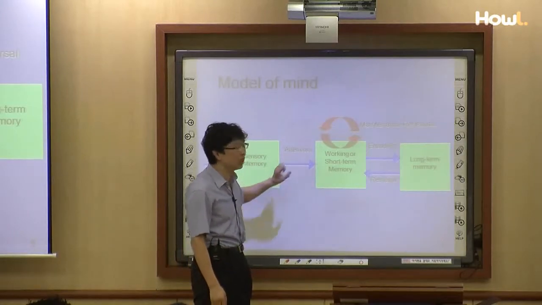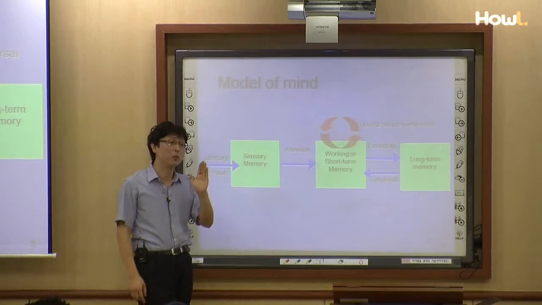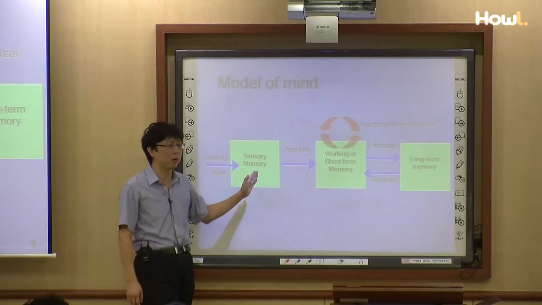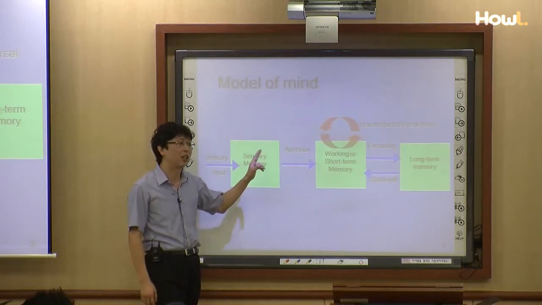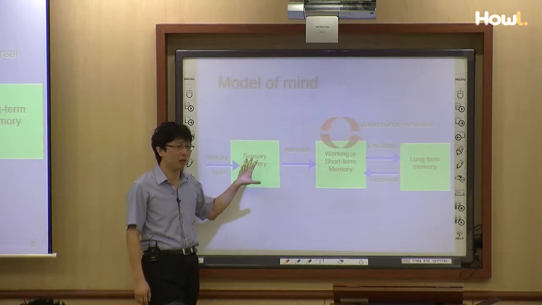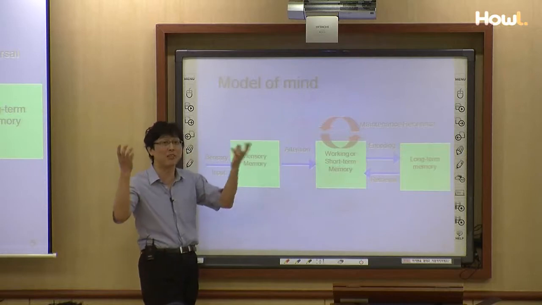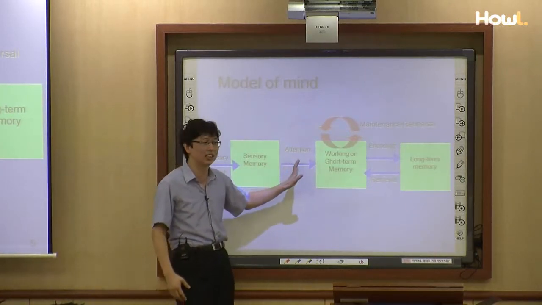Only if you can pass the information from here into here, you need attention. When you pay attention, you can move the information from sensory memory into working memory. The point is, attention is limited. Sensory memory, we know, has no limitation. We can receive as much information as we can. However, attention is limited.